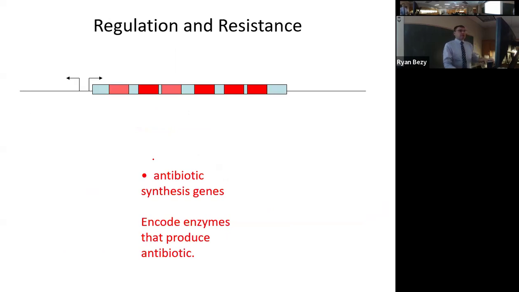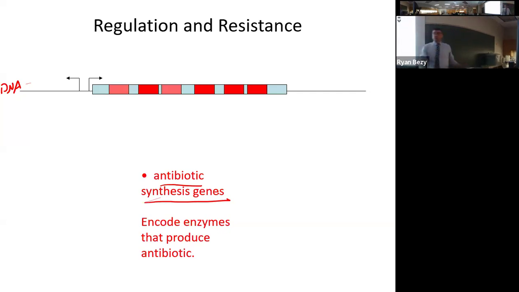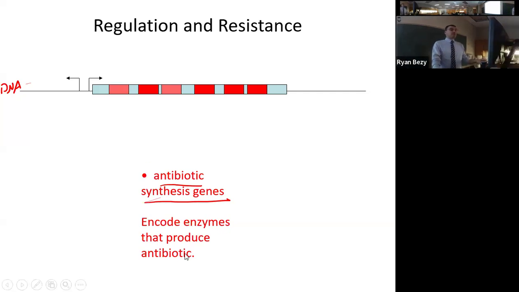What's going to be actually important here is that there are some genes in the DNA. So this is, say, the DNA. There are going to be some antibiotic synthesis genes in the genome of any type of antibiotic producing species. These antibiotic synthesis genes encode enzymes that are going to make and produce an antibiotic molecule.